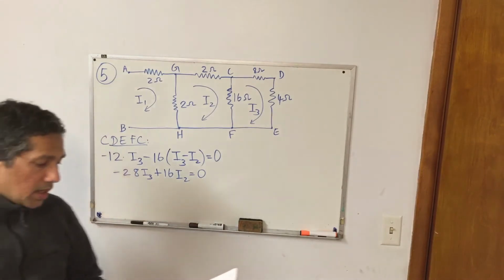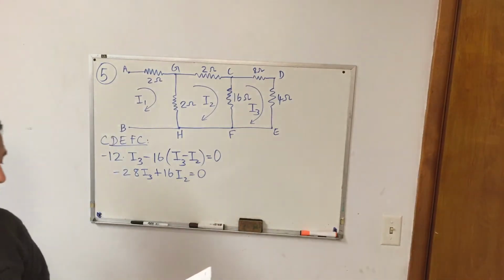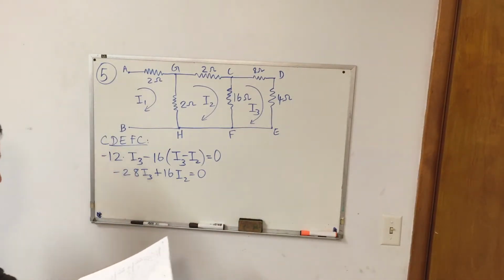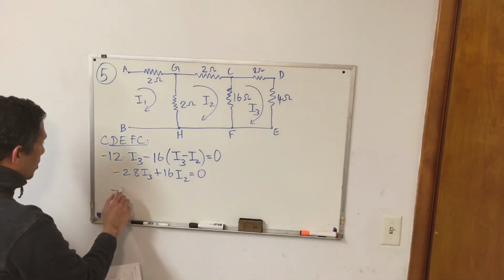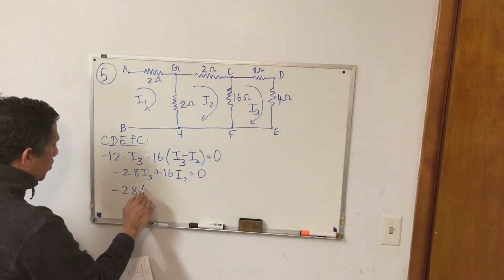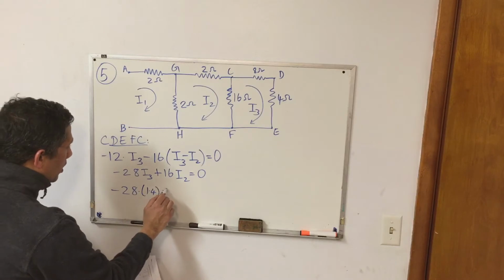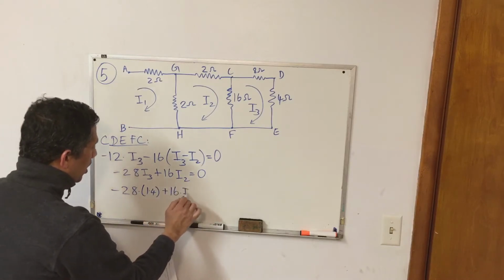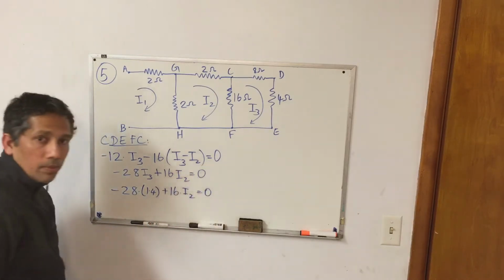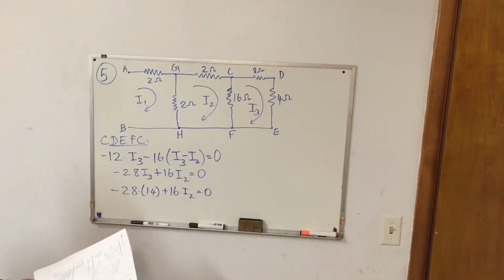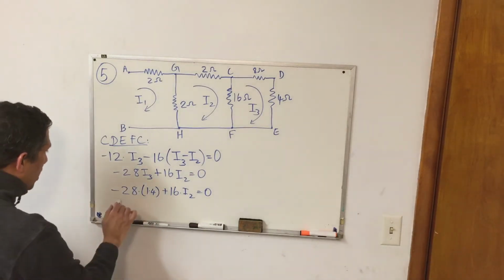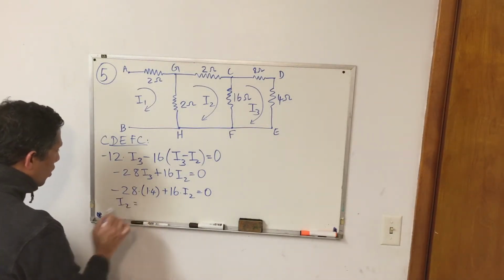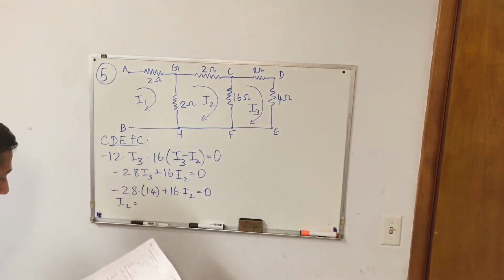The problem tells me that i3 is 1.4 amperes. So if I substitute that, I have minus 28 times 1.4 plus 16 times i2 is equal to 0. If you do that, you find that the value of your i2 is going to be how much? You can solve this algebraic equation to find out.